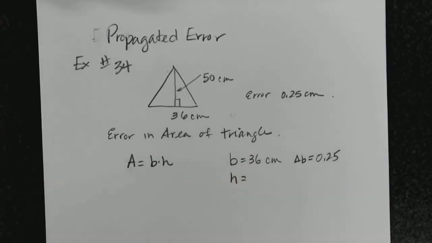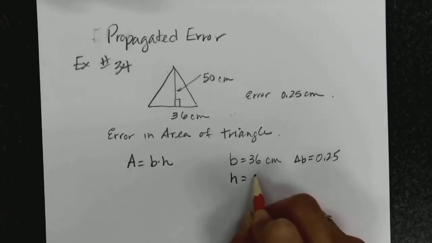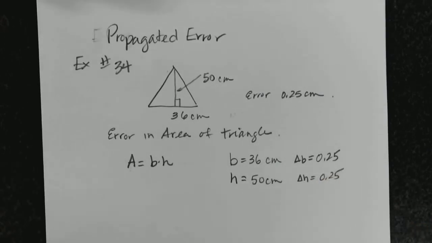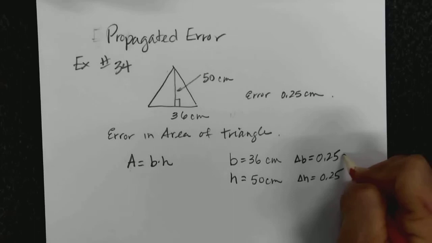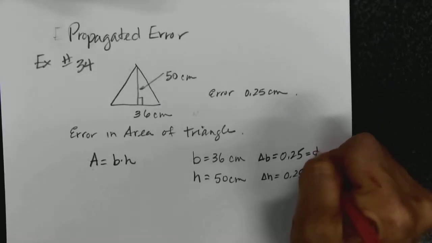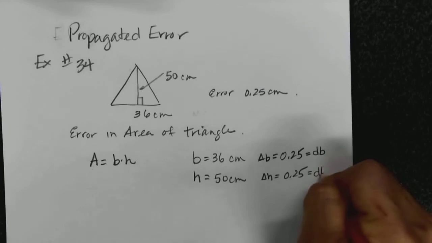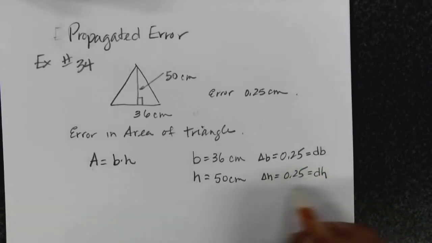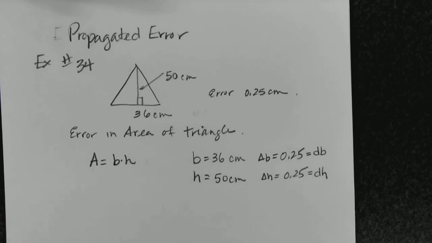And the height of this being 50 centimeters, and delta H, which is there, is also 0.25. Okay. Questions so far? Okay. Well, technically, this is my dB, and this is my dH, right? So this is my differential dB, this is my differential dH, okay?